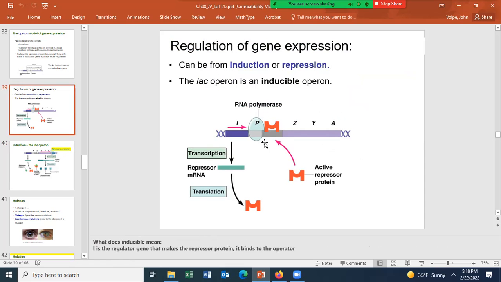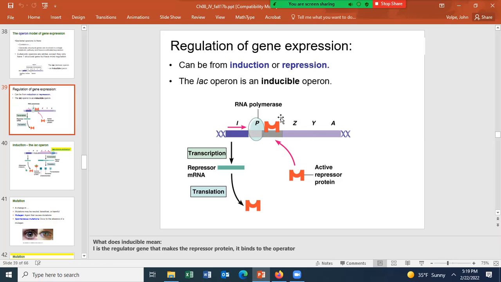And let me say that the RNA polymerase, when it binds to the promoter and then moves to the operator, is not permanently blocked. The RNA polymerase binds to the DNA with a stoichiometric reaction, and every once in a while it'll fall off the DNA. So it's not permanently blocked in this position when the repressor protein is binding to the operator. It'll eventually fall off and then bind to another promoter and then transcribe that gene.